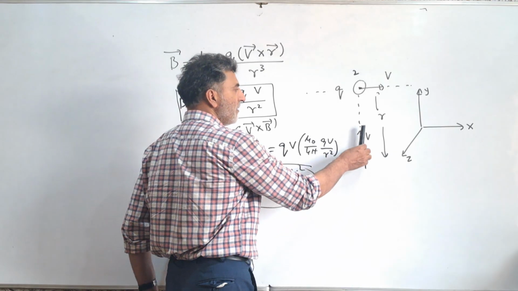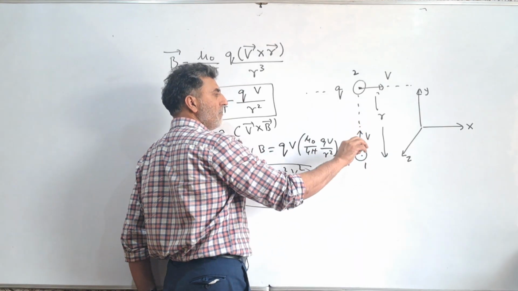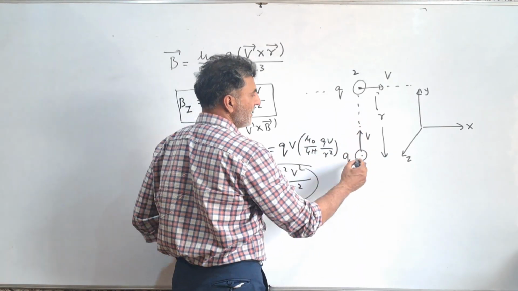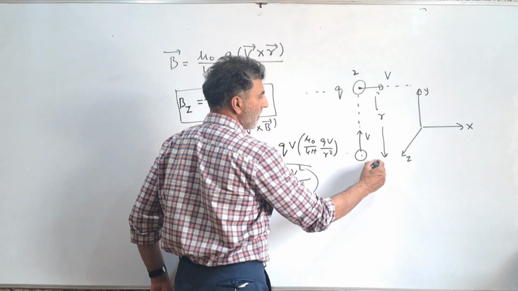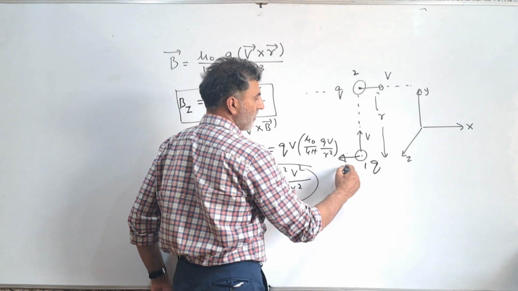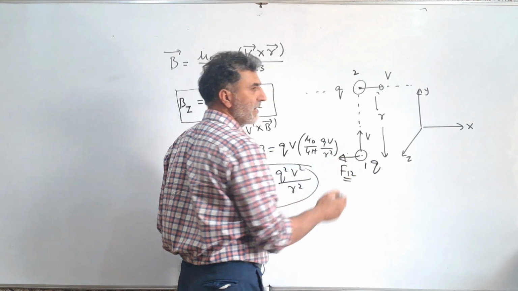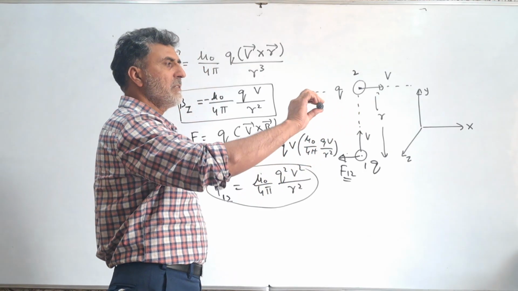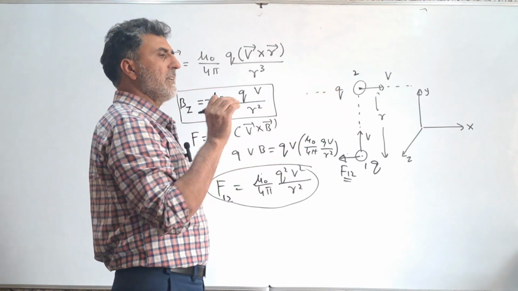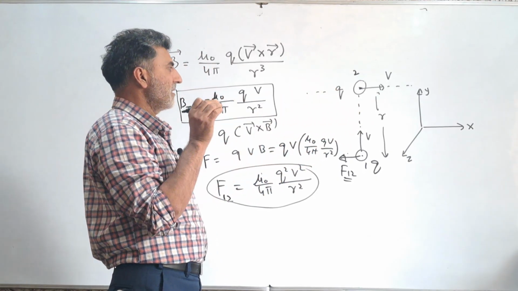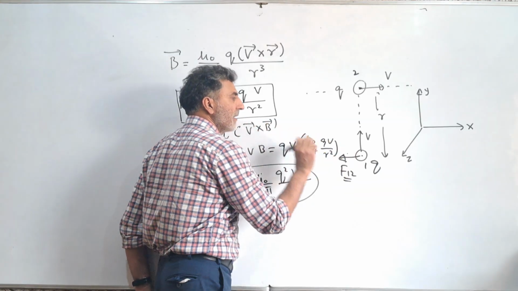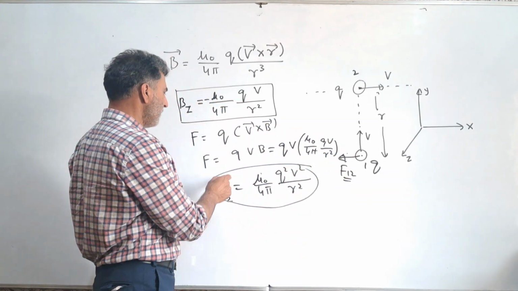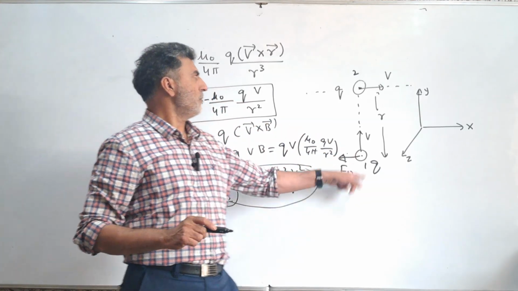The force direction is, v is upwards, B is inwards, v cross B, that's in this direction. That is F12. You can find the direction. v upwards, B inwards, v cross B करोगे तो ऐसे आएगा, minus x direction में आएगा. ठीक है, that is good. This is the force on first due to the second.